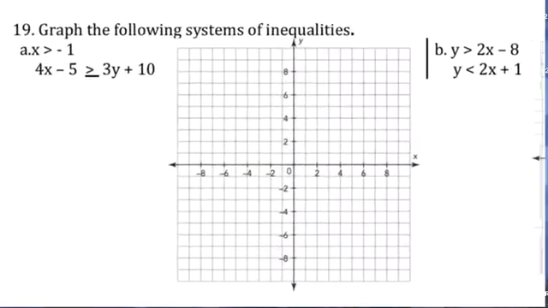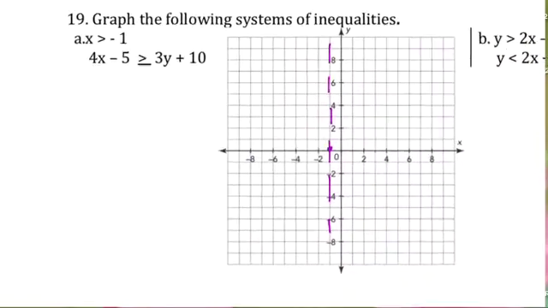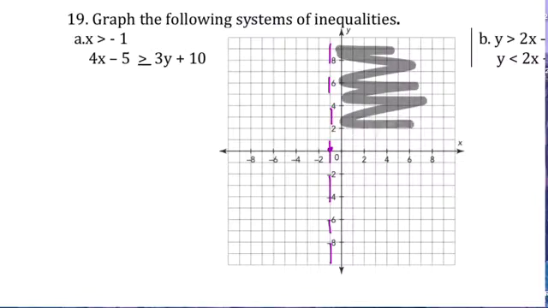Graph the following system of inequalities. So x equals negative 1 is right there. Dashed line because it's not equal to. Greater than, numbers that are greater than is this way.